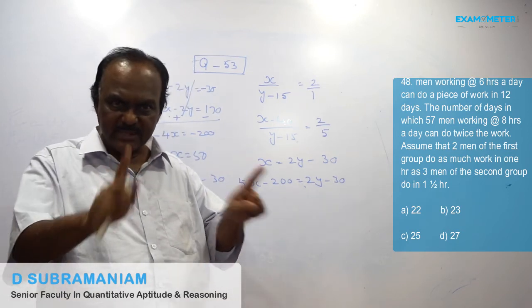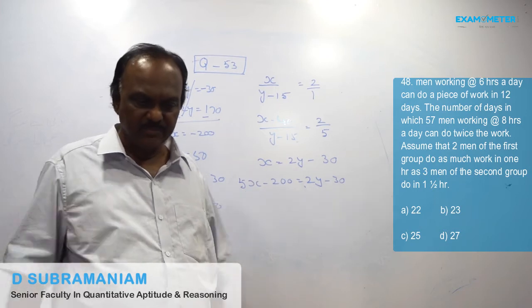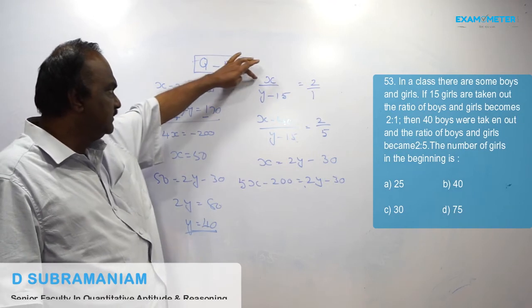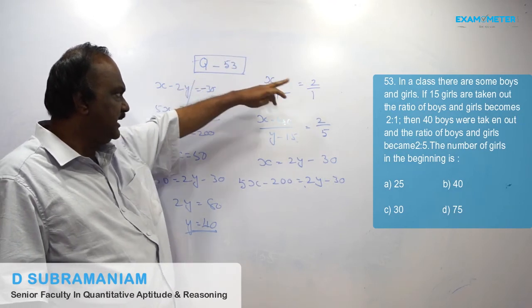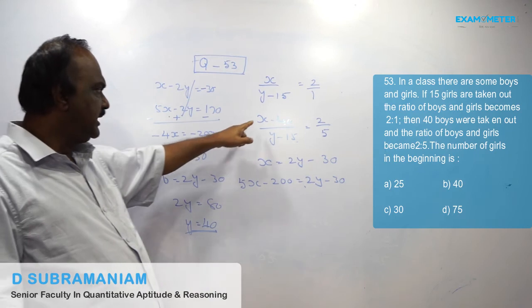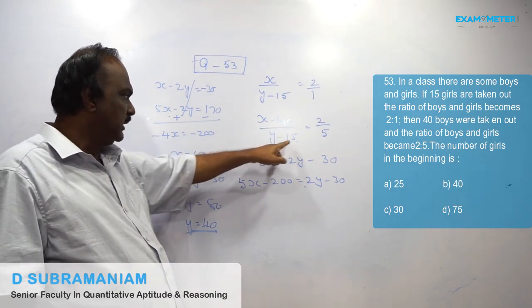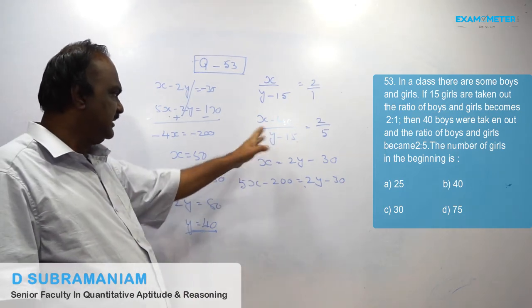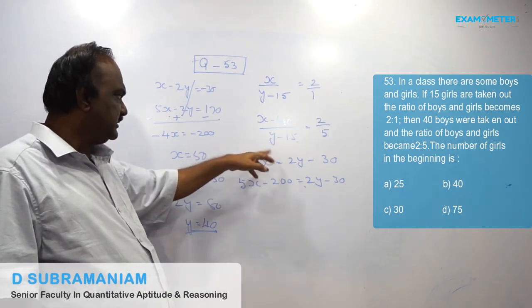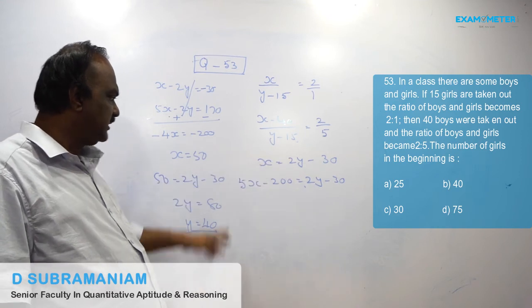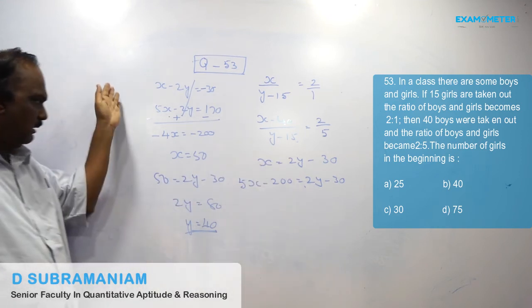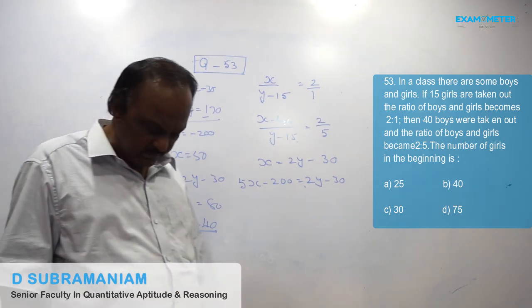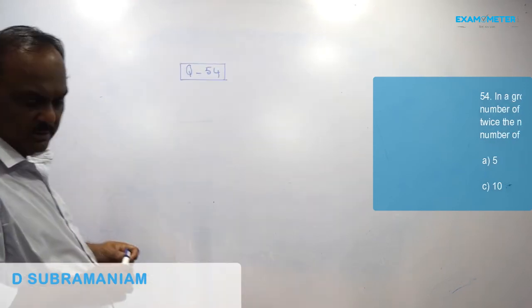Boys you take it as x, girls you take it as y. 15 girls are taken out, so boys no change. 40 boys are taken out. Now, if you simplify this, you cross multiply. That is 2x is equal to 2y minus 30, 5x minus 2y. The final answer comes to 40. So answer is 40, that is multiple choice B.